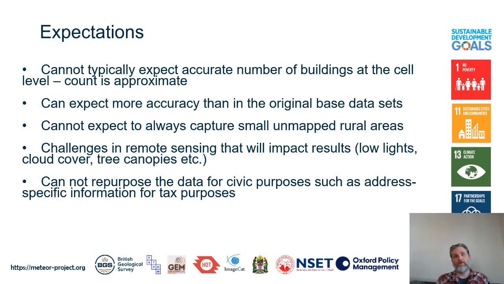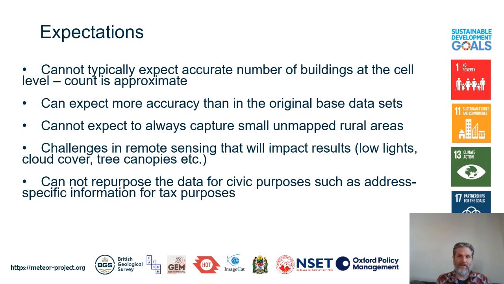Also, when you've got situations where buildings are hard to distinguish from vegetative material, for example, if you think of a hut, it's very difficult to distinguish that from a bale of hay. It's the difference between man-made building materials and natural materials that really allows us to detect that.